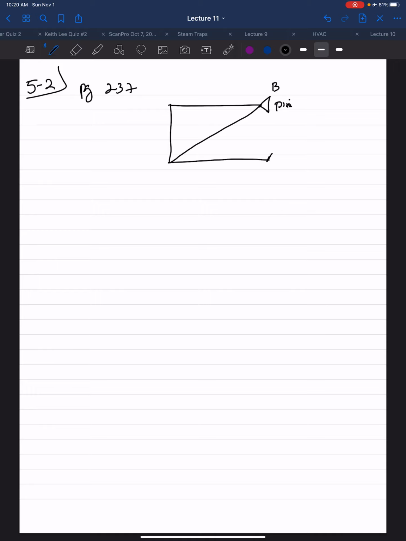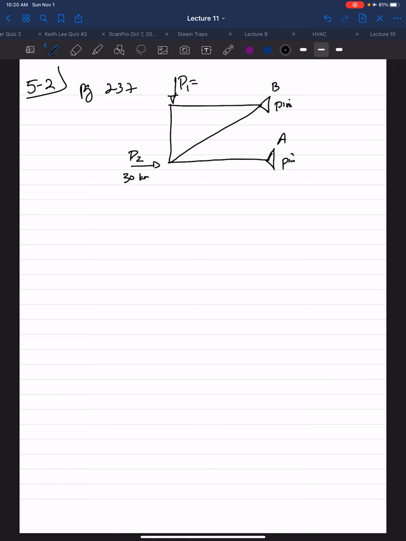Let's look at the very next one, 5.2. Same page. This is a pin at B. This is a pin at A. P2 is given as 30 kilonewtons.